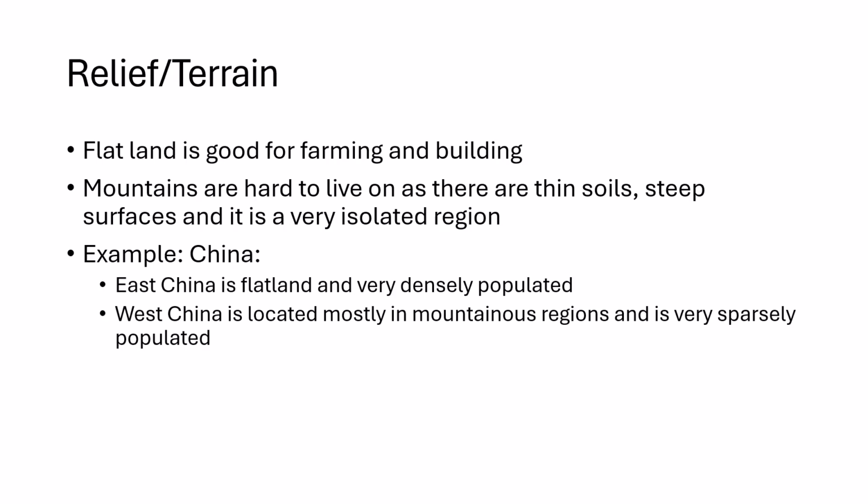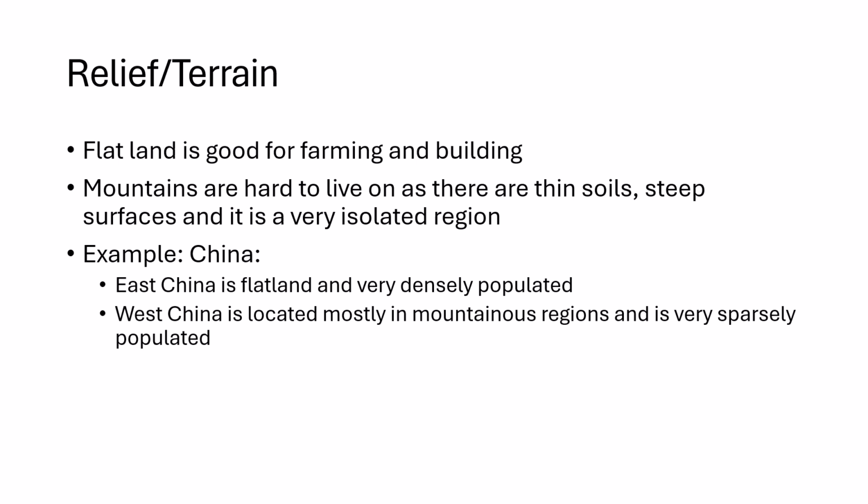The physical shape of land or the relief also plays a crucial role in determining settlement patterns. Flat and low-lying areas are attractive due to ease of construction, accessibility, and suitability for agriculture. Mountainous regions are less hospitable due to steep slopes, thin soils, and being quite isolated, leading to lower population densities.